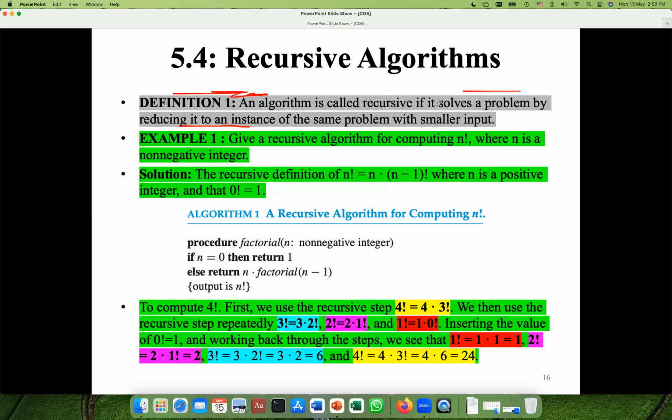For example, if your program has a tendency to call itself, or if you have a function, or a method in your Java class, that has the property to call itself, then that method would be a recursive method. So anyhow, if an algorithm solves a problem by reducing it to an instance, okay?